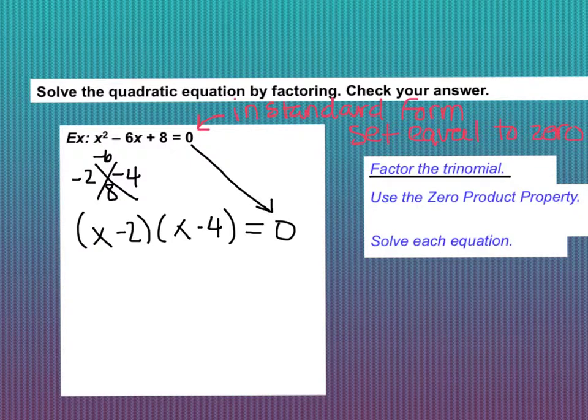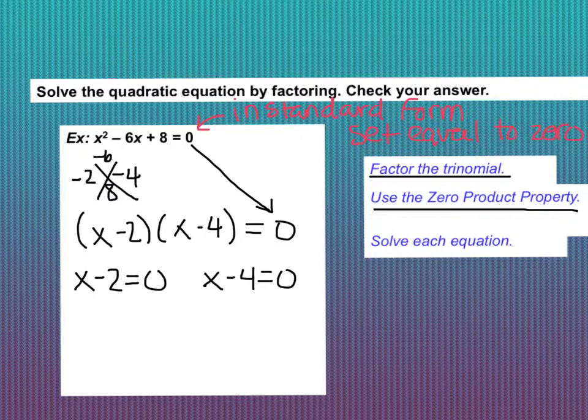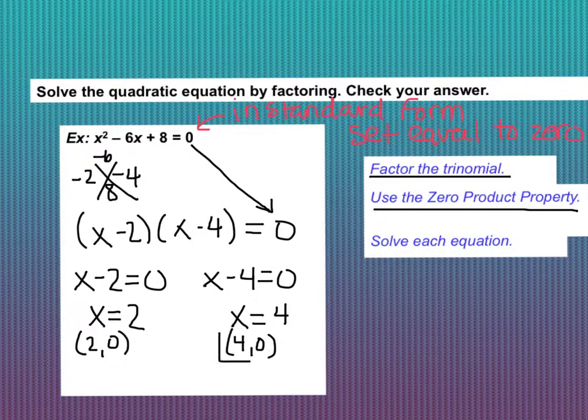And now we're going to use the zero product property, and we're going to set X minus 2 equal to 0 and X minus 4 equal to 0 and solve each equation. For this equation I would get X equals 2, and for this equation I would get X equals 4. And like I explained before, you want to have your answers in coordinate points. So our solution is going to be 2, 0 and 4, 0. Let me go ahead and box that.